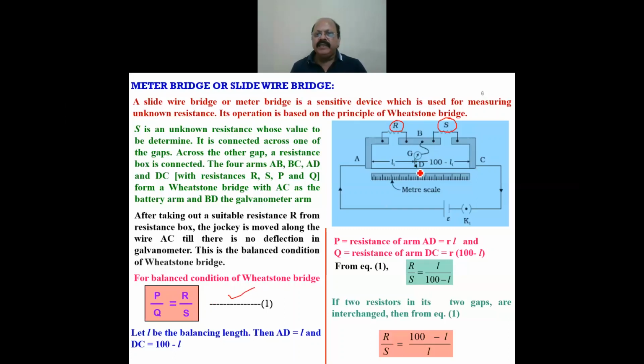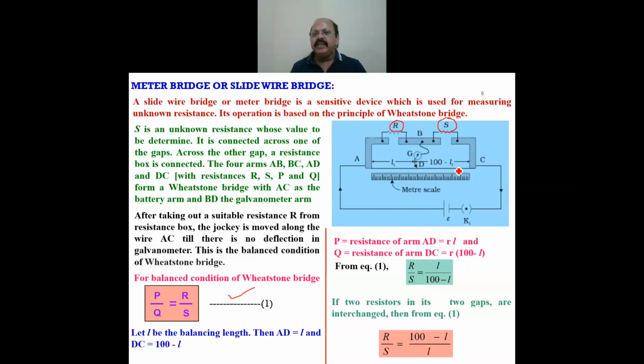When the balancing condition is achieved, let us say that at point D the galvanometer shows zero deflection. Then we note down the value of AD, that is L1. Then DC becomes 100 minus L1, since 1 meter means 100 centimeter.